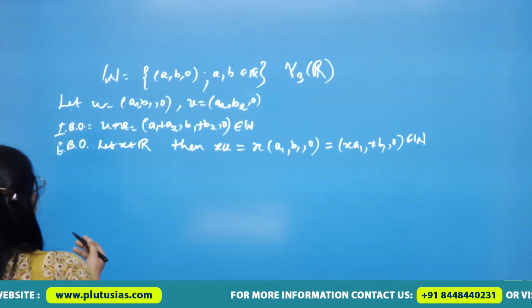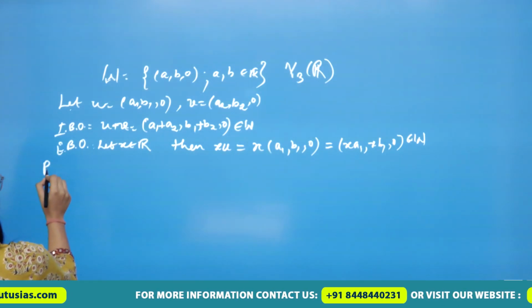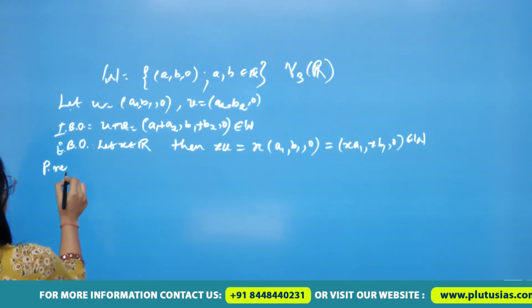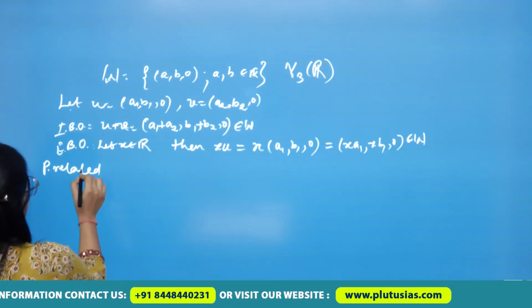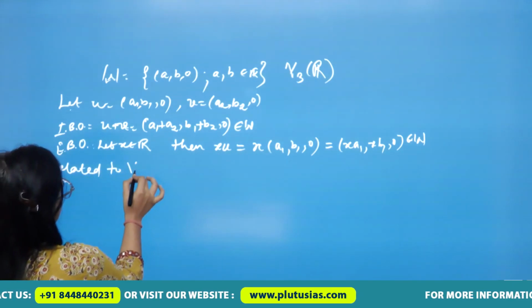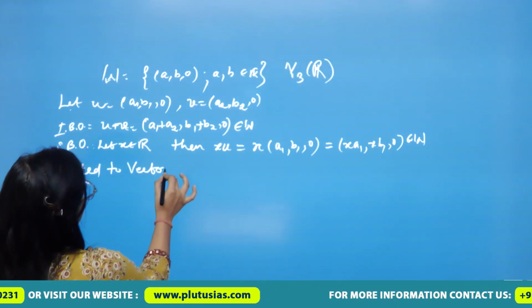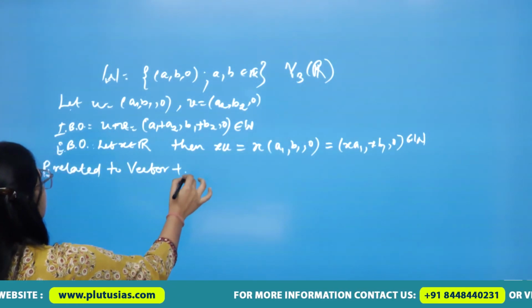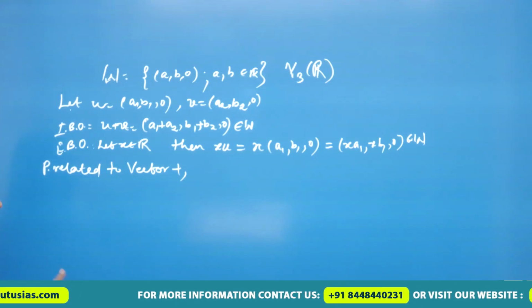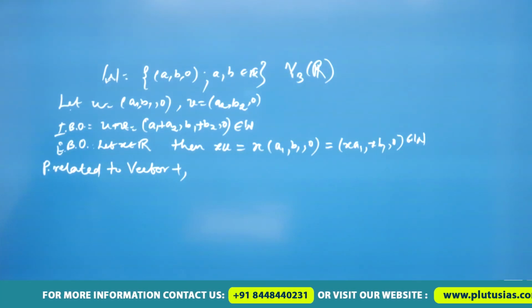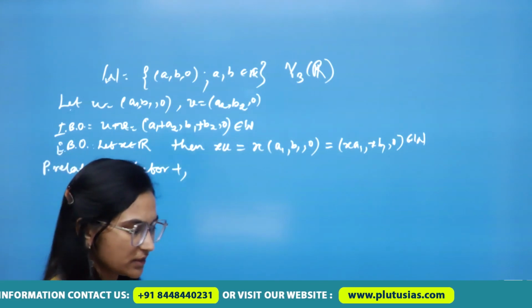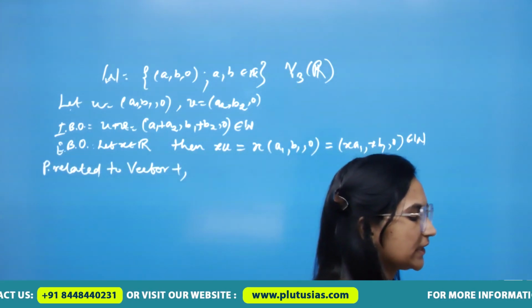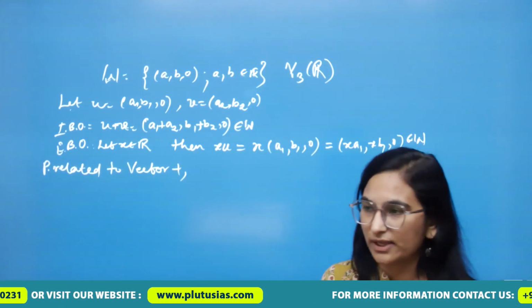Next we have to prove the properties related to vector addition. What were these? First, associativity. Now we know that associativity is not related to the set, it is related to elements.